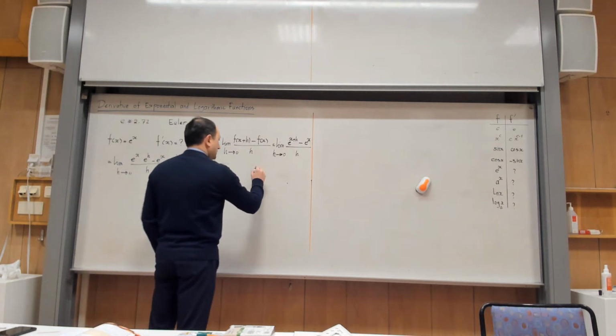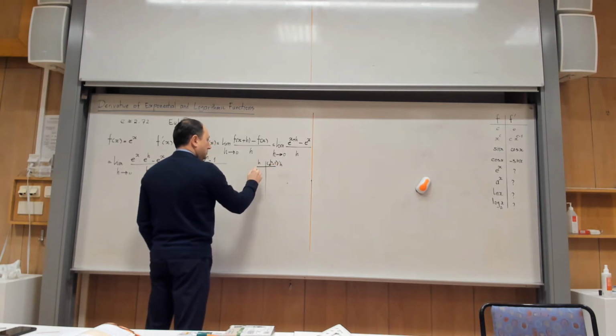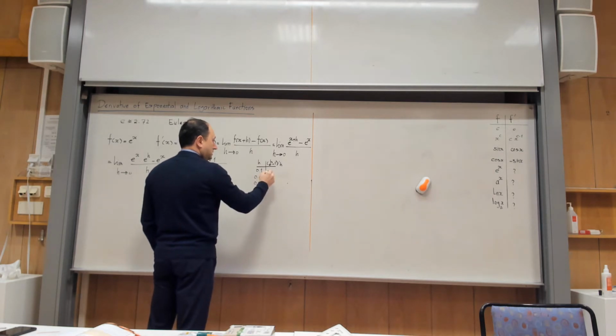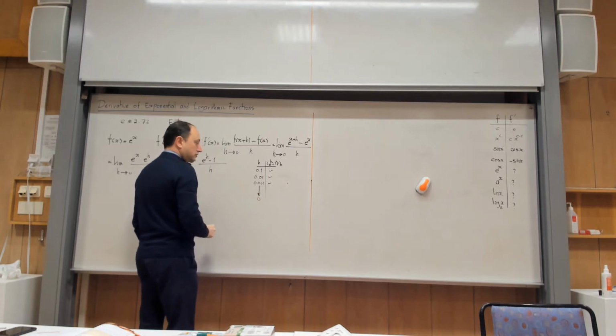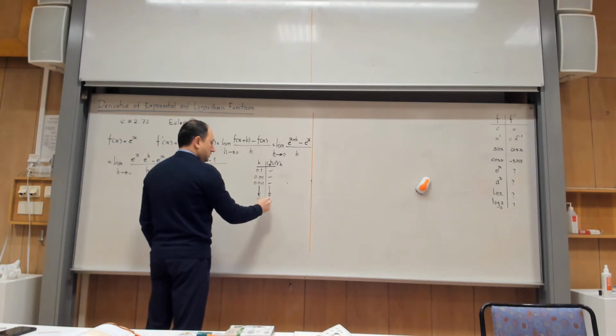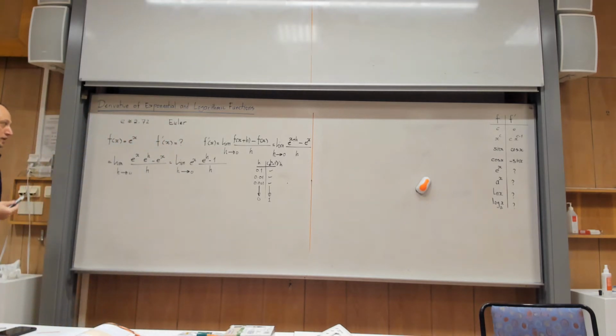For example, you can use your calculator, e to the power h minus 1 divided by h, and choose h to be numbers like 0.1, 0.01, 0.001 and calculate this expression. You will get some number here, some number here, some number here, and you see that if I send these values of h closer and closer to 0, these numbers are getting closer and closer to 1. But of course, this is not a rigorous way of proving this.